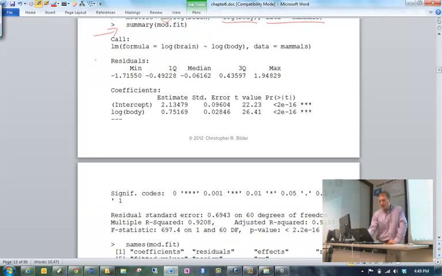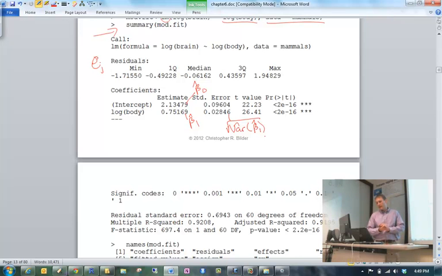So we see here, for example, some information about my residuals. We have a table of estimates. Here's beta hat 0, beta hat 1. The std.error column is the standard error column, or in other words, the square root of the estimated variance of the parameter estimator.